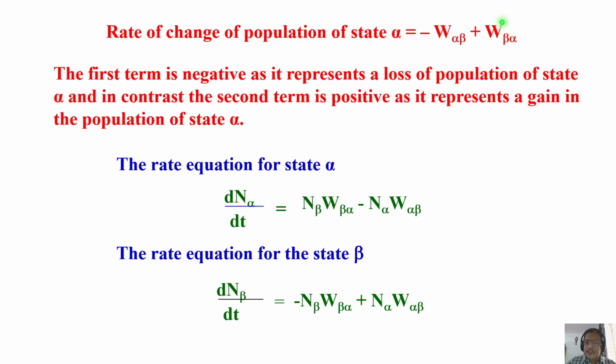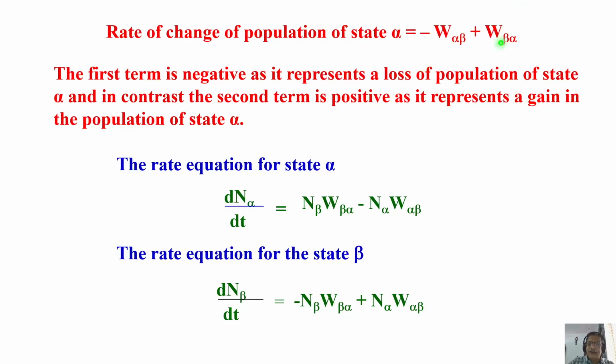When the spins come from beta state to alpha state, there is a gain in population for alpha. That is why the first probability is negative and the second probability is written positive. You understand? When the spins come from beta state to alpha state, the population goes up. So that is plus. But at the same time, spins also go from alpha to beta. Then it is a loss of magnetization.